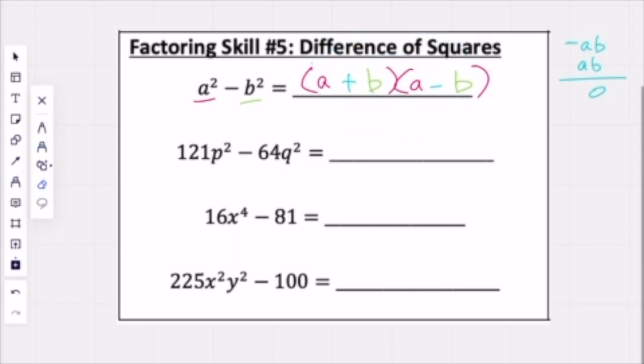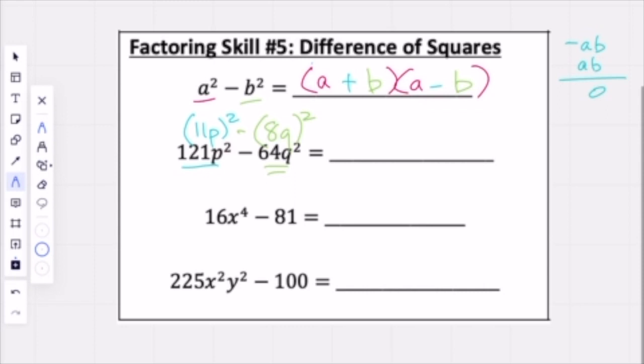All right, so let's go ahead and identify what is being squared in this first term right here. Well, that's going to be 11p, correct? All right, now what's being squared in this back term here? That's going to be 8q.